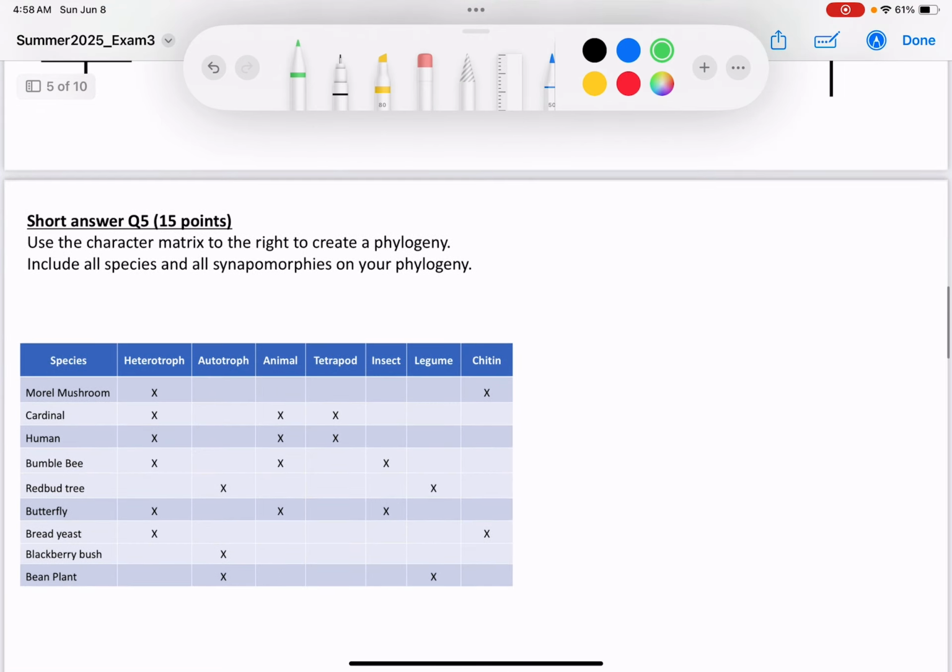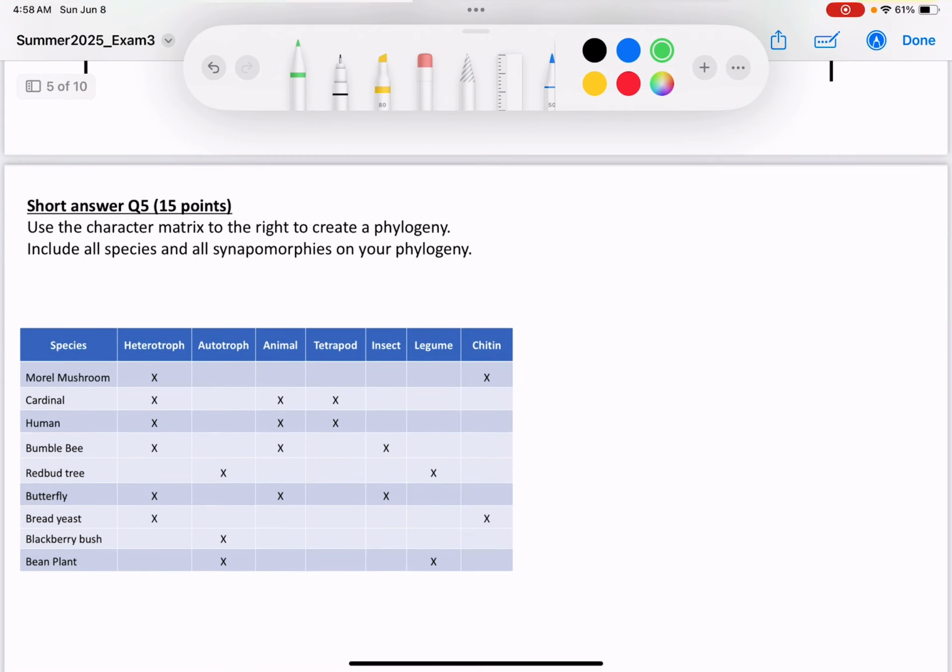All right, so the next one is to use the character matrix to the right to create a phylogeny and include all species and all synapomorphies. So note that it's worth 15 points. I thought it would take you guys a little bit of time, right? So here I'm going to start grouping things together, and I want to find things that have just two things that are grouping things together.